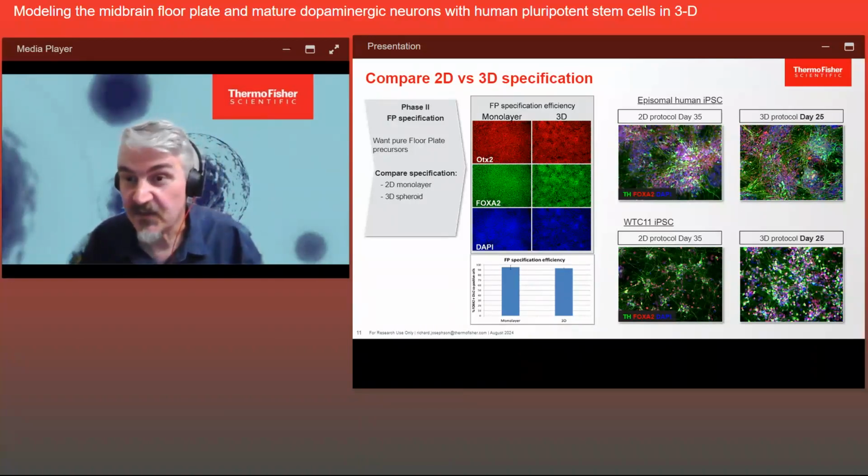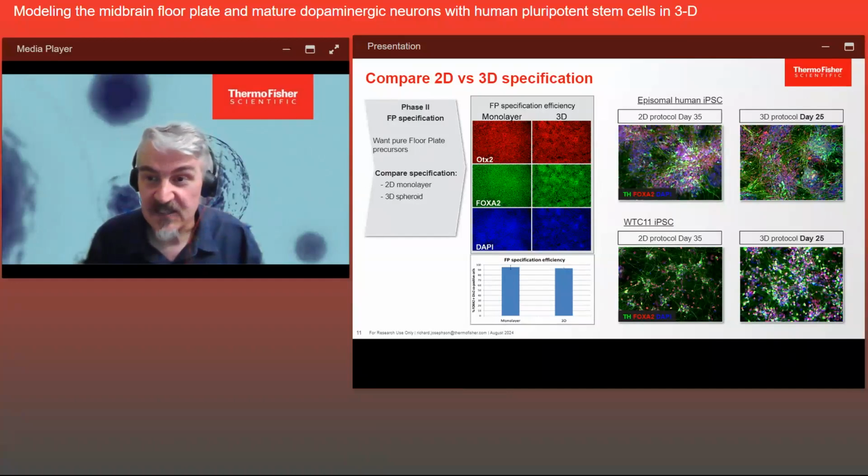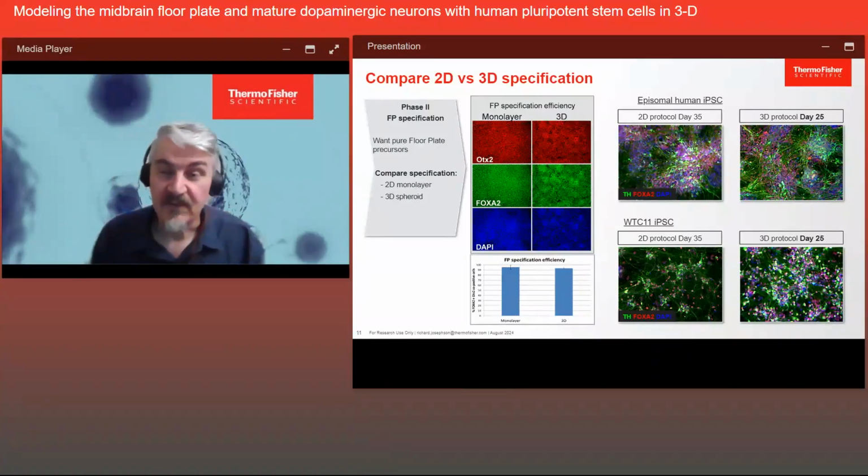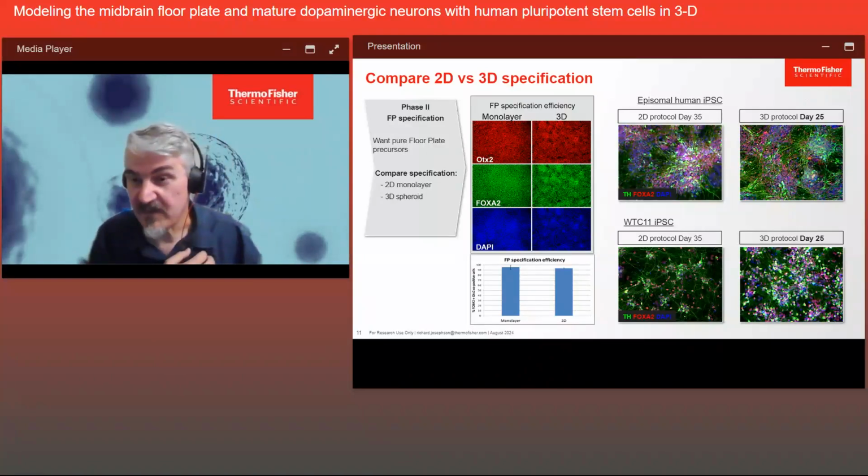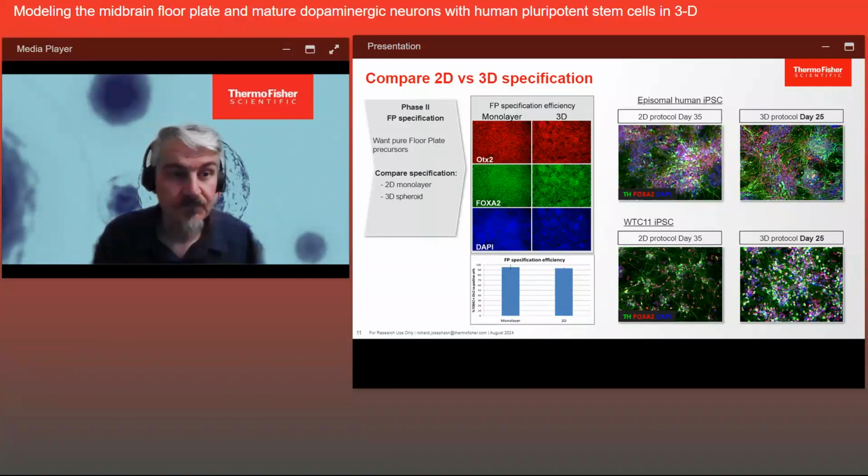So as you can see on the right, the cultures at day 25 on the far right look very similar to the cultures at day 35 of the 2D protocol. So this difference is due to the specification in 3D because the maturation phase was an attached culture for both. So in a little bit, I'm going to show you how this 3D culture affected the neuronal function in these experiments.